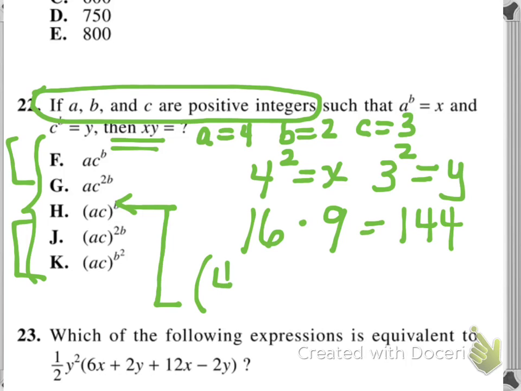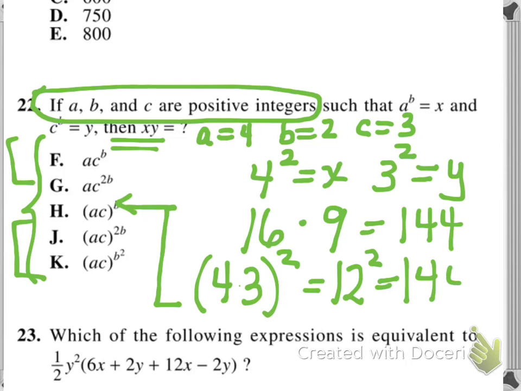So I take A times C and then take that to the B power. So 12 squared is 144. Lucky guess. Maybe it's my time to go to Las Vegas because I picked the correct answer on the first shot.